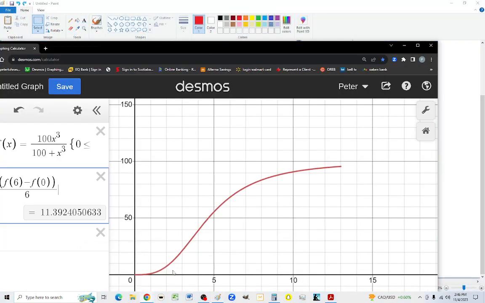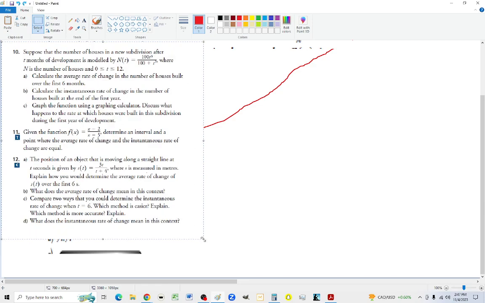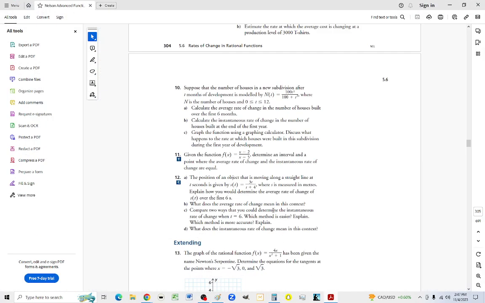Don't think so. I'm just going to make sure that the formula I put in is correct. That's cubed and that's cubed. Yeah, 6 minus 0 should be x2 minus x1. Should be 6.